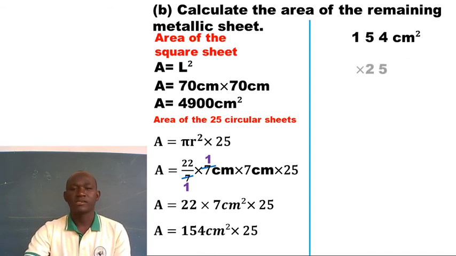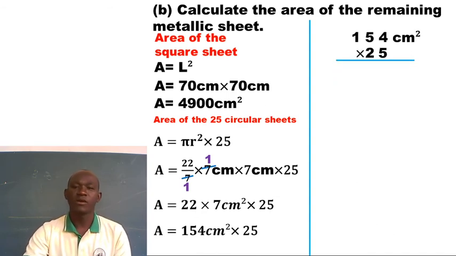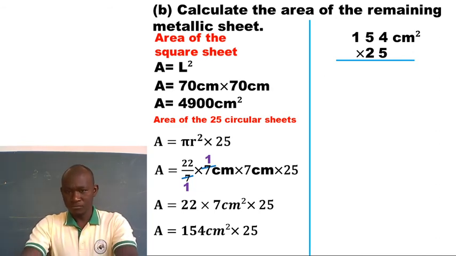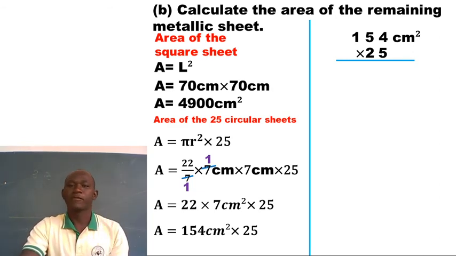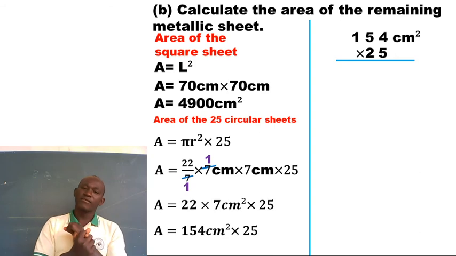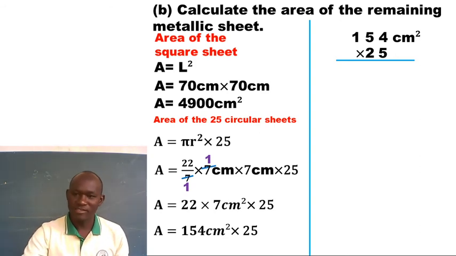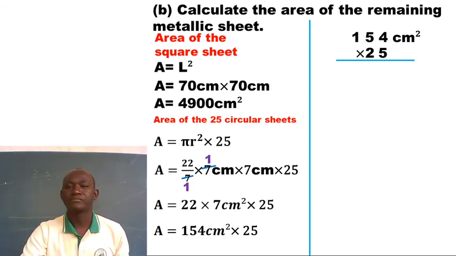Let's have the side work. We have 22 times 7, which is 154. So it is 154 times 25. 5 times 4 gives us 20, so we write 0 and regroup 2.